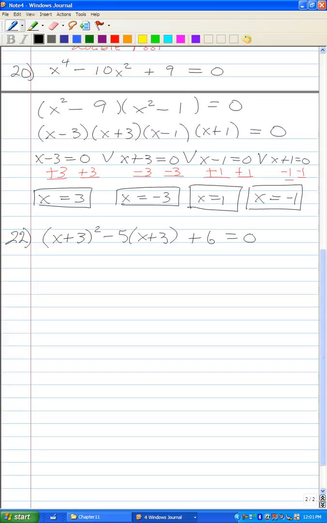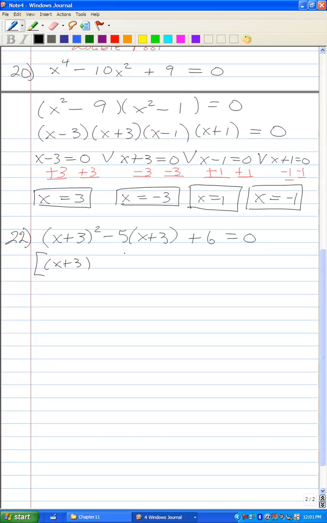Okay, so this just looks like a squared minus 5a plus 6. So I can factor this. This is just a monic polynomial. As a matter of fact, it's a monic quadratic in the variable x plus 3. And so I can factor this.